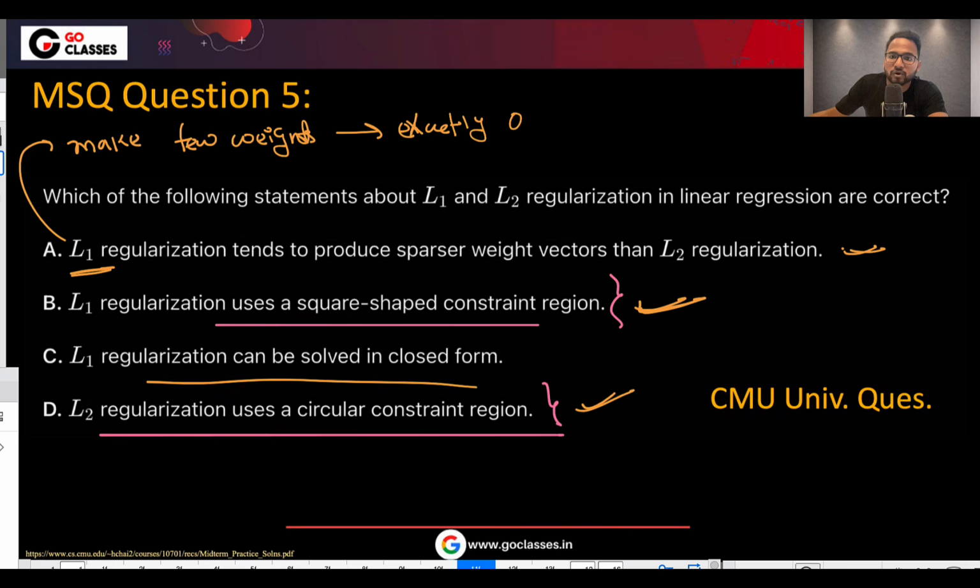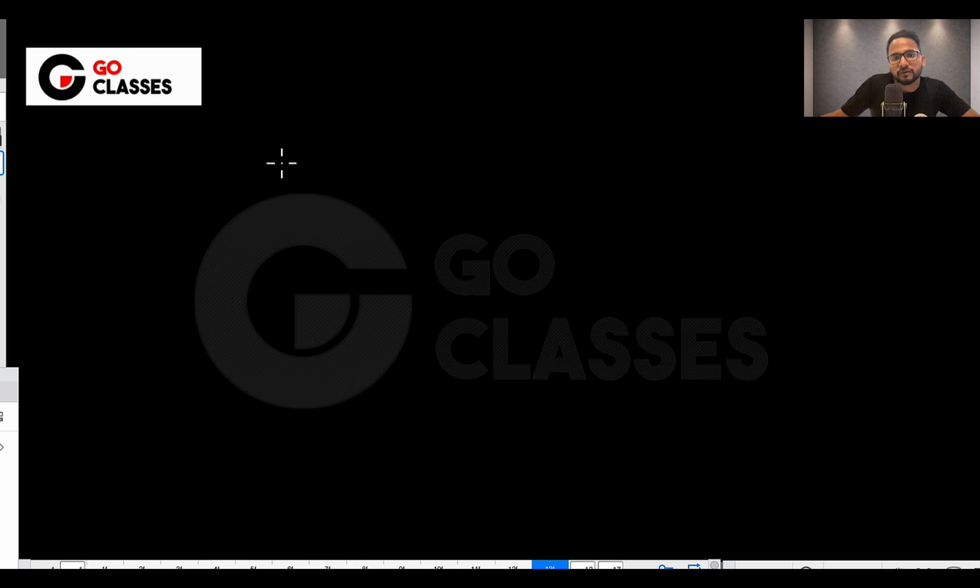L1 regularization can be solved in closed form. See, L1 cannot be solved in closed form. The reason is that L1 is not differentiable. For example, whatever loss you have, let's suppose a squared loss, and then you add L1. Let's suppose the regularized loss is this.